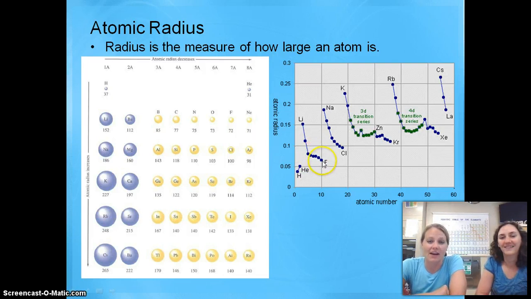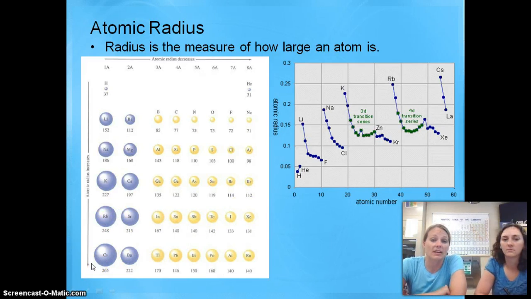So there you have your fluorine. You've moved from lithium all the way to fluorine, and the atomic number is going up, but the radius goes down as you move across the row. So the biggest thing: it goes down your periodic table, and it also goes to the left-hand side. That's going to be your big ones.